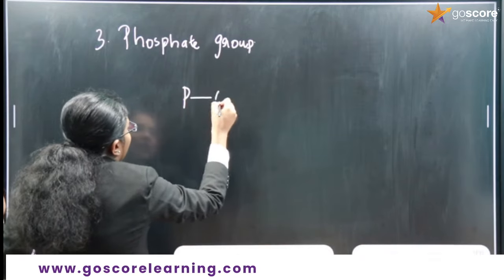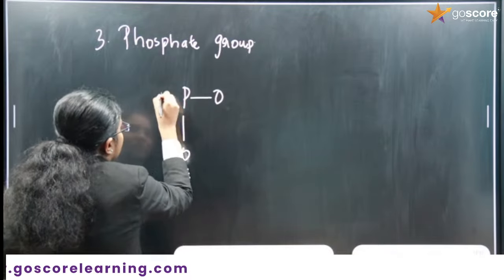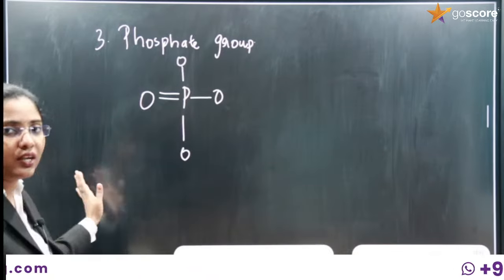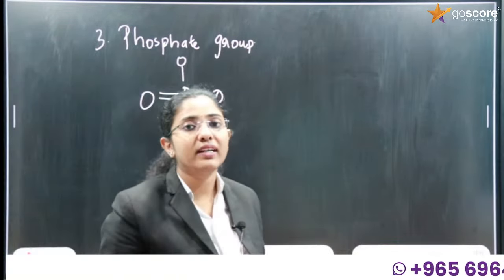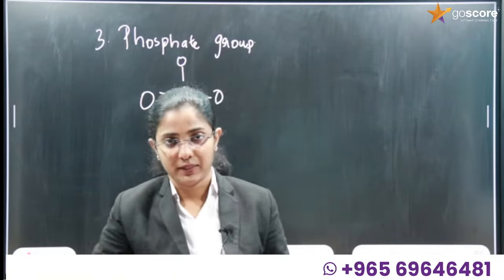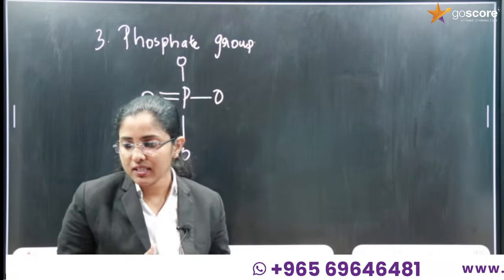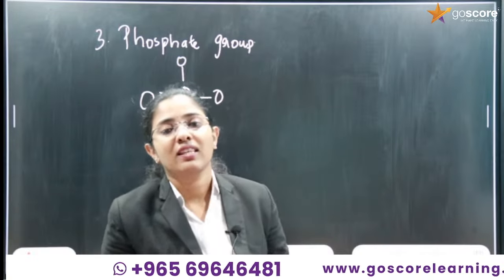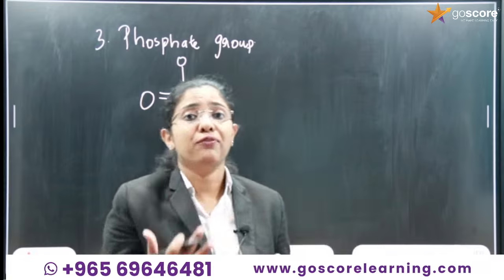This phosphate will be attached to four oxygen molecules. If one set of phosphate group is attached, then we call it monophosphate. If two sets are attached, we call it diphosphate. If three sets are attached, we call it triphosphate.